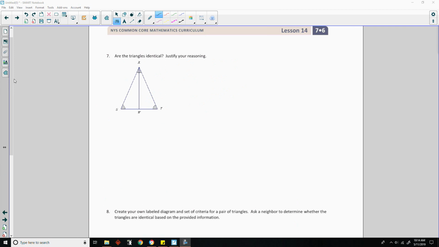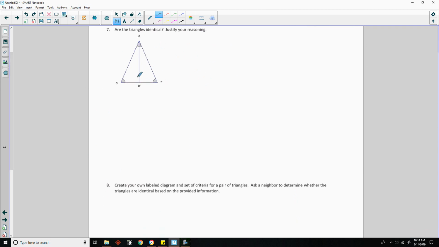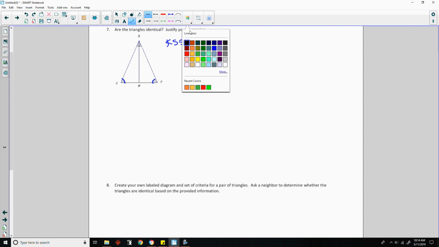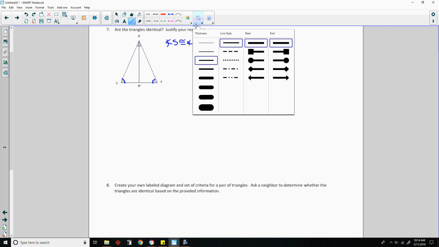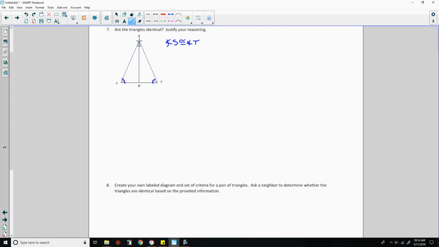Okay, page 5, number 7. Are the triangles identical? Justify your reasoning. All right, so we have angle S congruent to angle T. We have a shared side, so that means RW is congruent to itself.